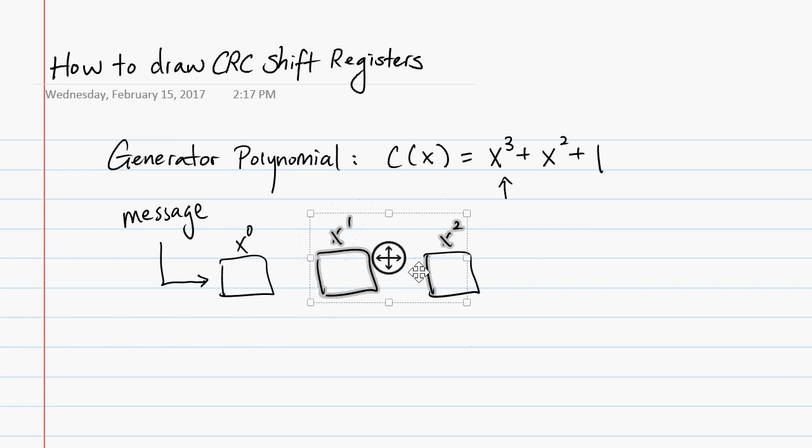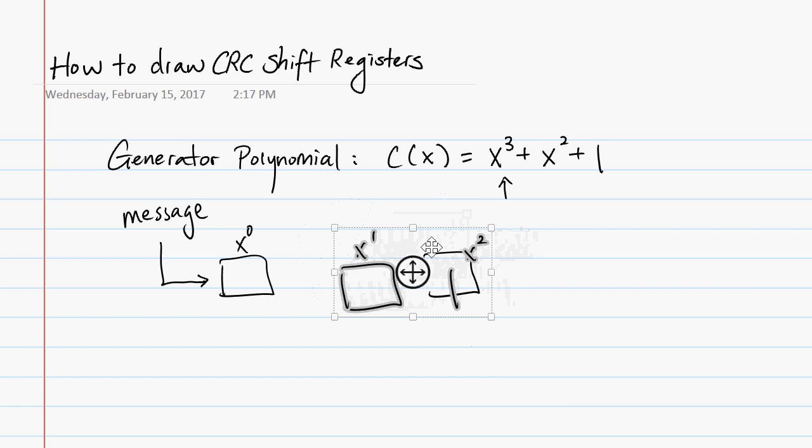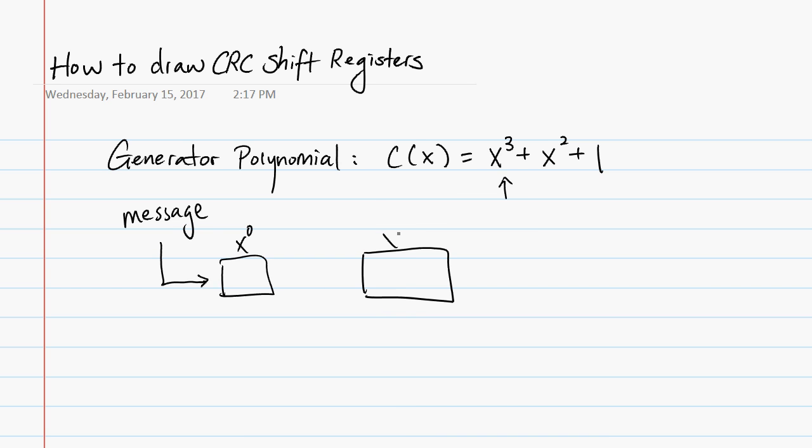Now let's move this apart a bit. Pardon me, let me draw this again. We have x to the 1st and x to the 2nd. Now let me rewrite this polynomial again.